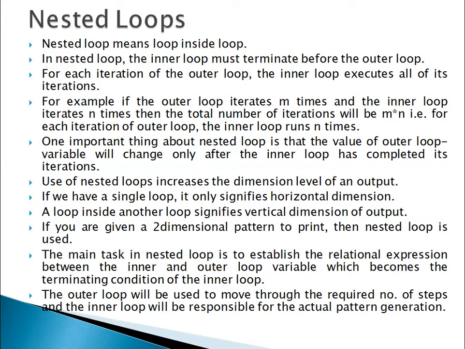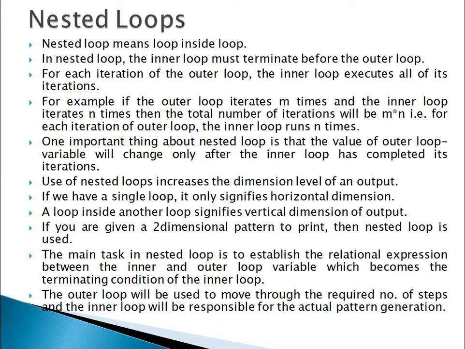The relation between the inner and outer loop is needed because if they are not related, they cannot be inside each other. There must be a relation between the outer loop and the inner loop. And you know that a loop works on loop variables, so there must be a relation between the loop variables of the inner and outer loop. That relation will be the conditional expression of the inner loop.